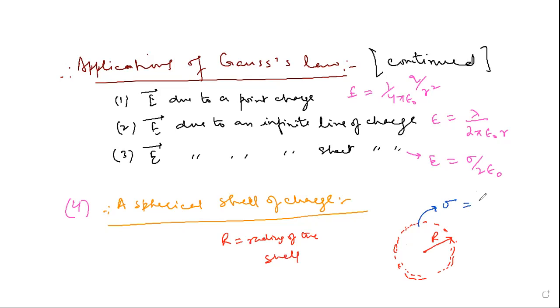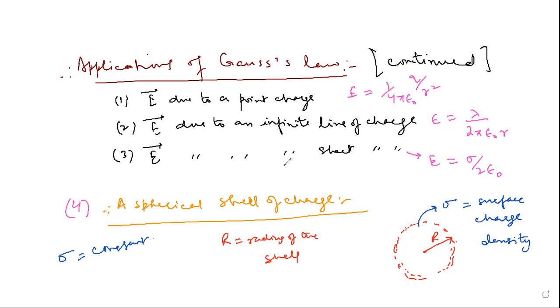So sigma is its surface charge density, and we assume sigma to be constant. So if sigma is constant, the spherical shell of charge is called uniformly dense spherical shell of charge, right?